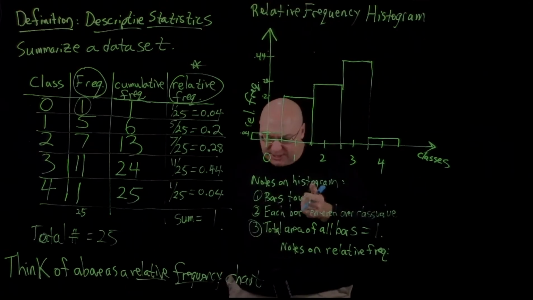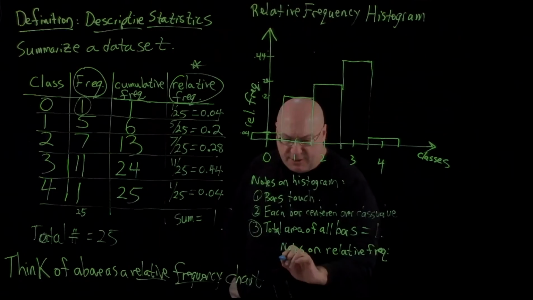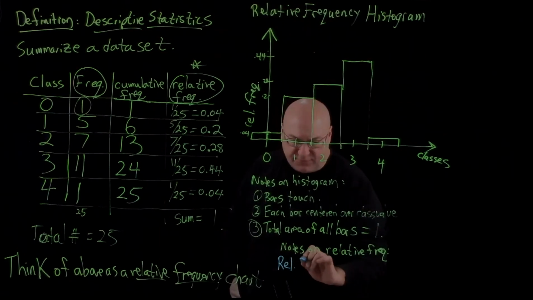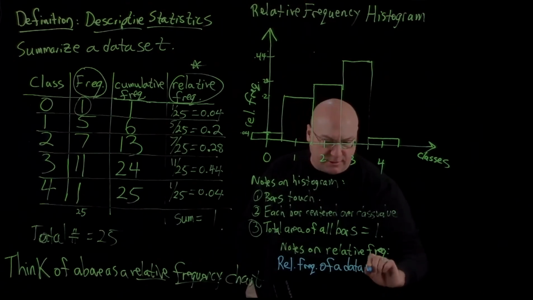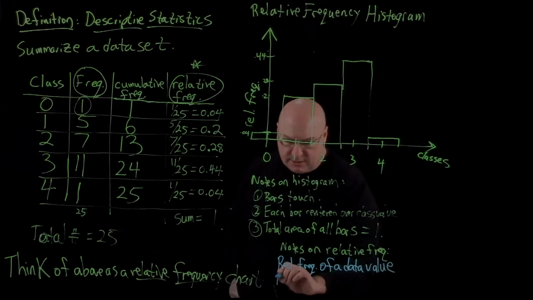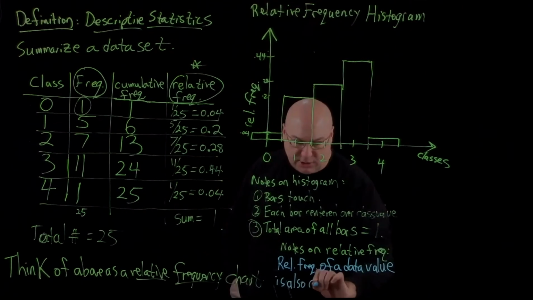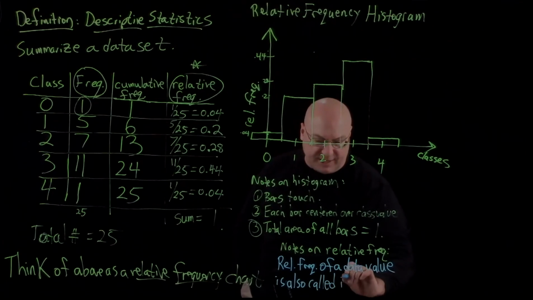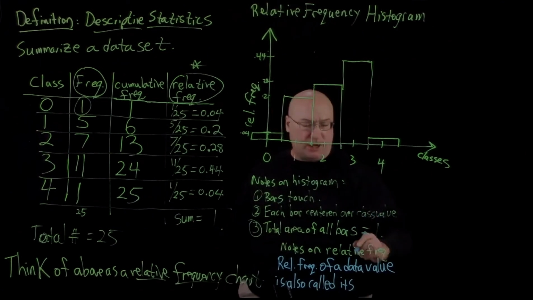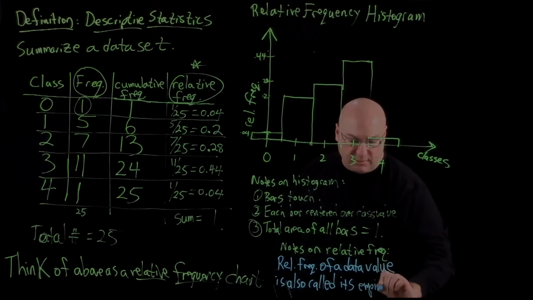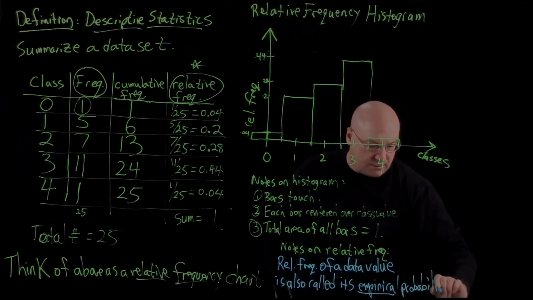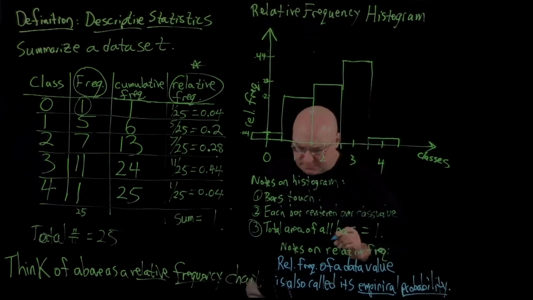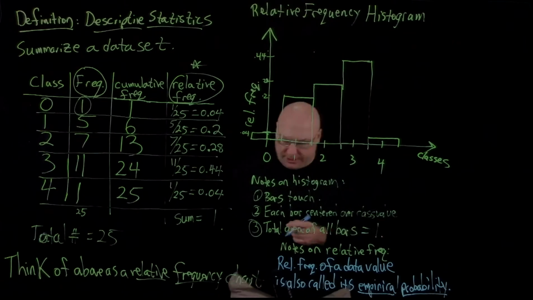Now, the big thing I want to say is that the relative frequency of a data value is also called the data value's empirical probability. Okay, I haven't even really defined what we mean by probability yet.